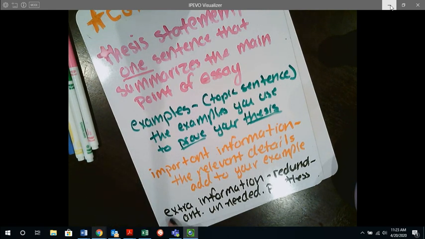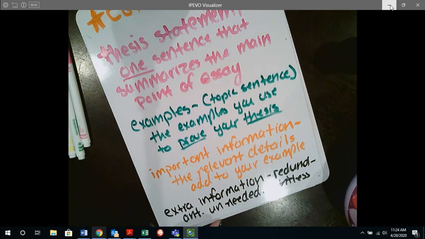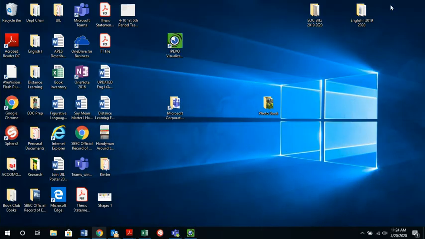And then you will leave blank all the extra information that is unneeded, it is repetitive or redundant, or just pointless. So a good essay would have very little blank or no highlighted text, and a bad essay will have a lot of unhighlighted text in it, and it'll be easy to see because you'll be coloring it up in a Word document. All right, so let's look at that Word document again.